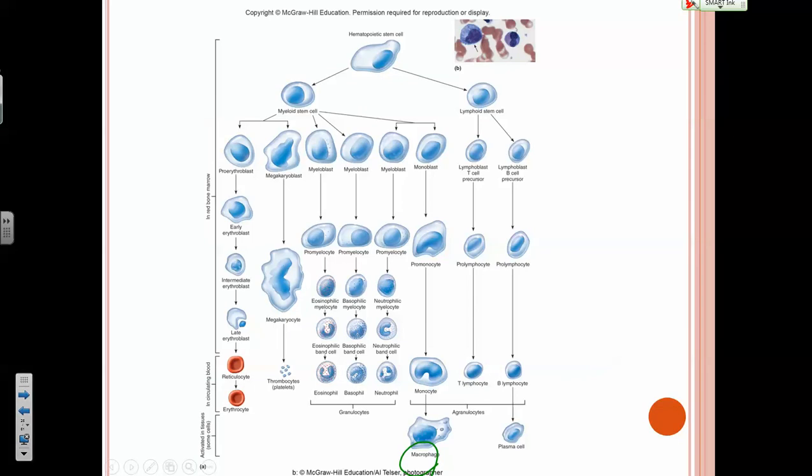All right. So here, right here at the bottom, you can see those 5 kinds, putting the 2 lymphocytes together as one. So you see, here's the eosinophil. See how it's got the red colored granules? Not naturally, but in the stained state under a microscope. And then there's a basophil with the dark granules.